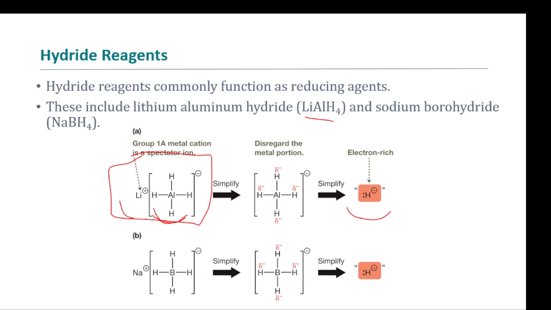Now, to be honest, that's an incredibly reactive species, and it's unlikely that it actually exists as an H minus floating around basically at all. It's very likely it's going to pop off and do the reaction immediately. But we do like representing these as H minuses like so, because it makes the reactions look easier.